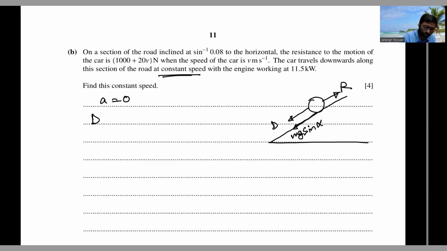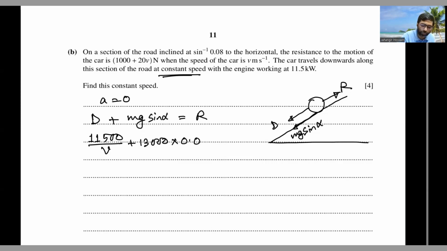So D plus mg sin alpha equal to R. D is 11,500 by v, and mg is 13,000 sin alpha, 0.08, equal to R, which is 1,000 plus 20v.